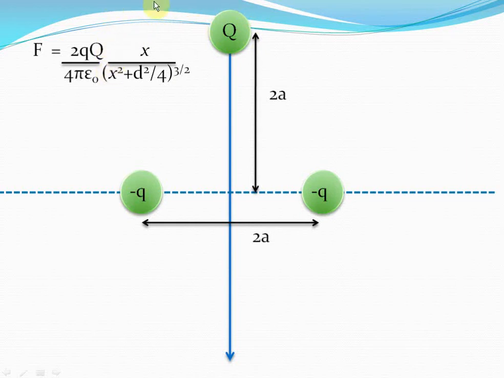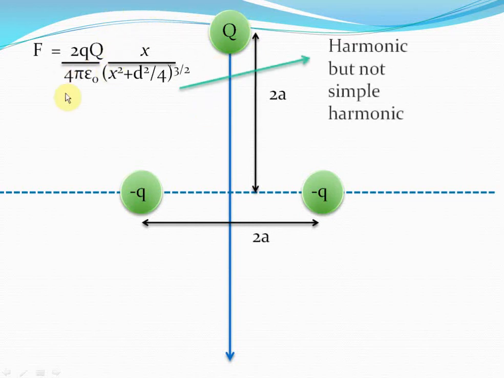This electric force, however, will not lead to simple harmonic oscillations. The reason is that in this case you cannot neglect x in comparison to d²/4. That is because it is given that the particle Q is released from a position that is 2a from the origin. 2a is exactly the same as d, the distance between the two -q charges.